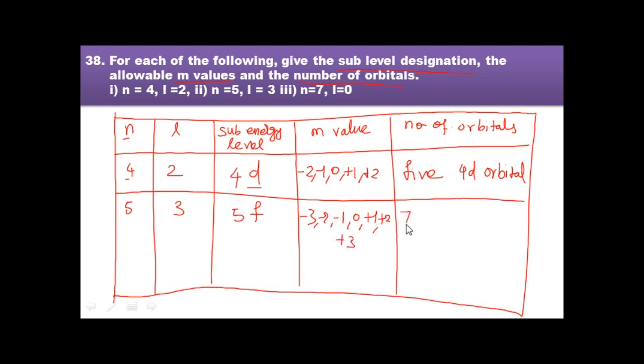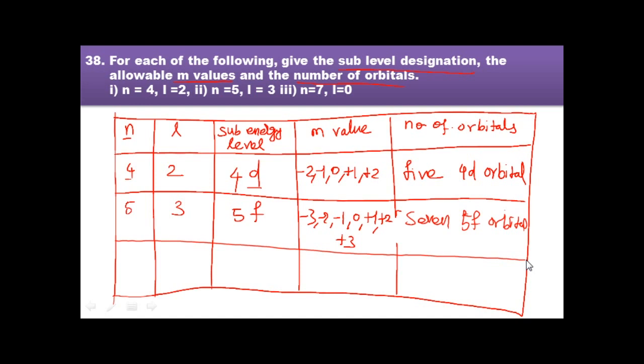So the number of orbitals is 7, 5f orbitals. Next, third one, n equal to 7, l equal to 0. l equal to 0 means s orbital, n equal to 7 means 7s orbital. What is the m value? l equal to 0 means m also 0. That is the only one 7s orbital.